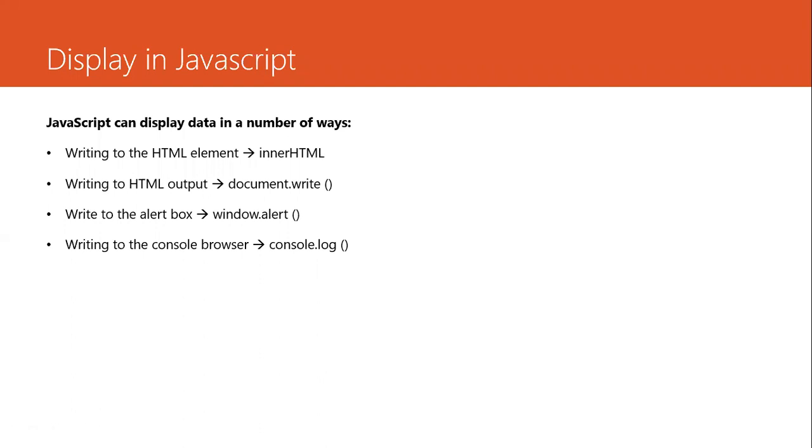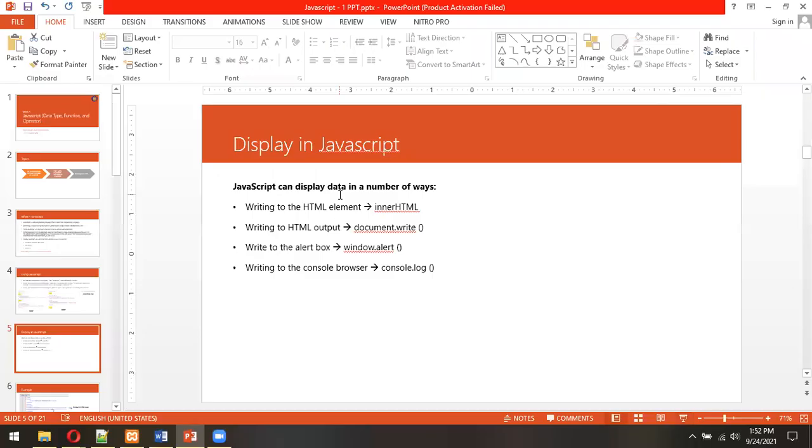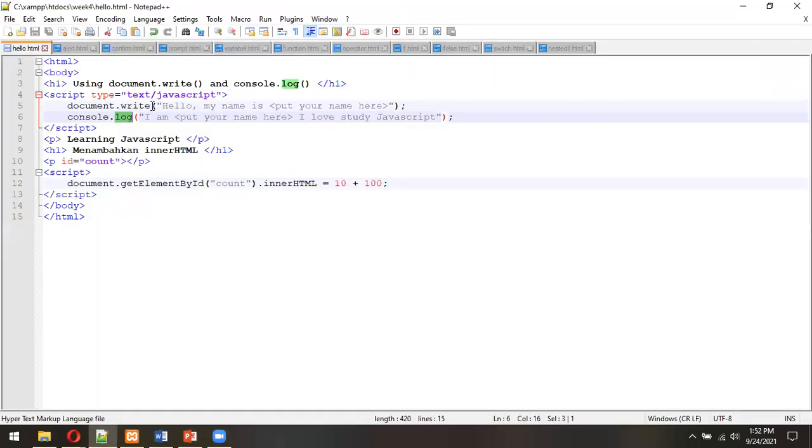Or we can also put it in the HTML, but usually if we have a lot of text before and we reload it, the page will be replaced by our output. So if you want to replace the web page with your JavaScript program, you can use the document.write function. Here I am using the document write function to put this into our web page.